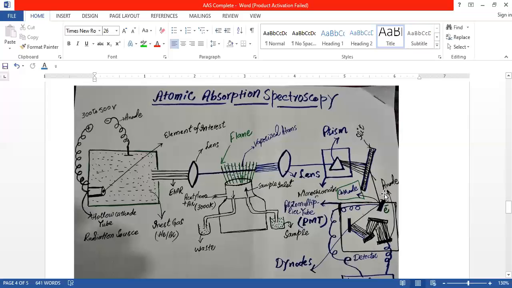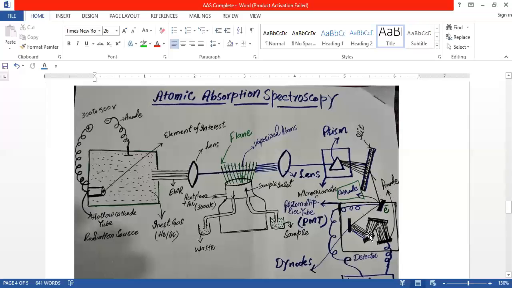So one electron, you can see from the picture, is coming from the cathode, and again in the diode it will be multiplied, and then again from this diode it is multiplied.